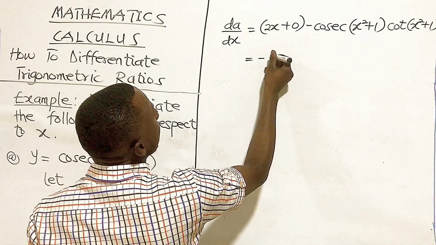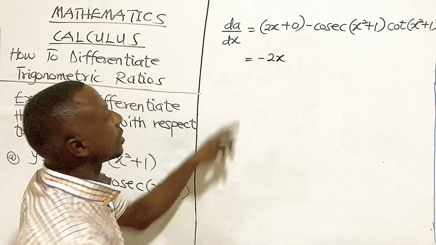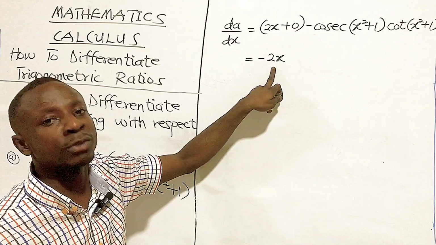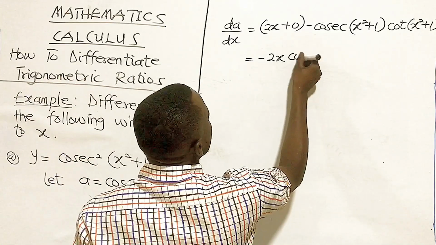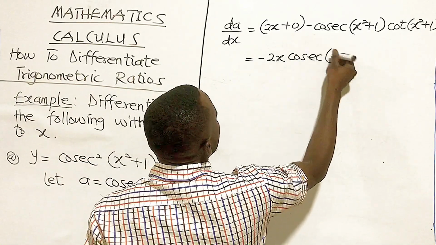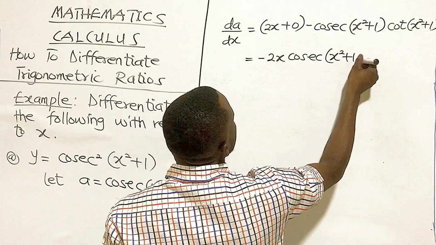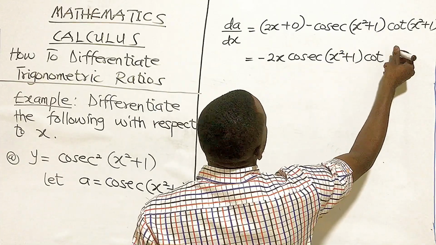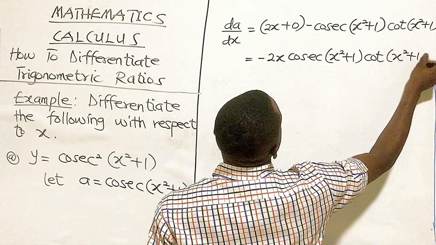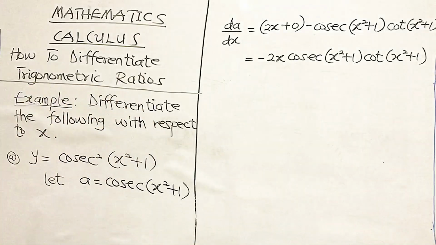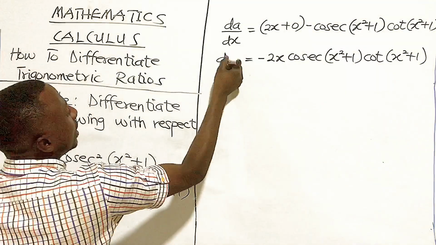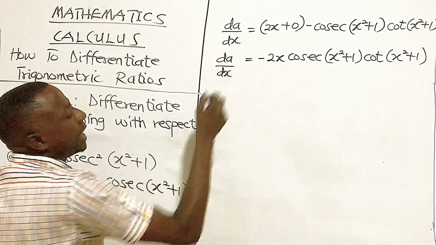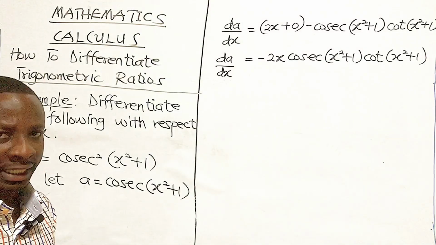So we have minus 2x plus 0, we still have 2x, cosec of x squared plus 1, then cot x squared plus 1. And this will be the dA over dx.